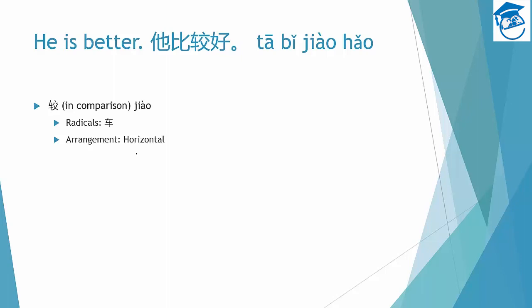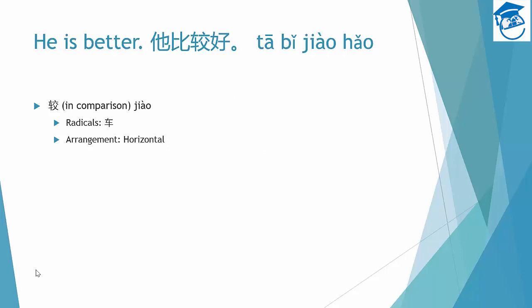So this is how to write 较. 1 2 3 4 5 6 7 8 9 10. 10 strokes for this one. 较.